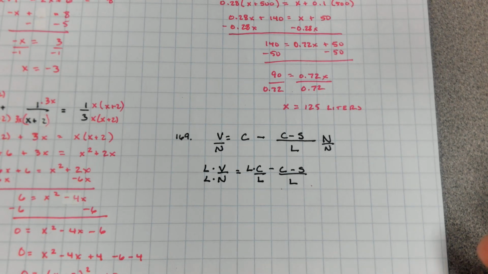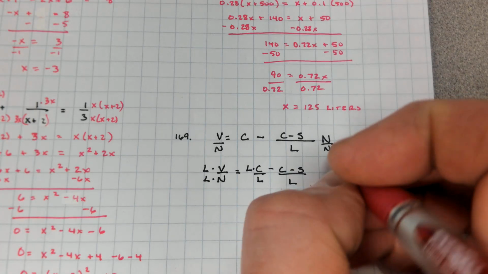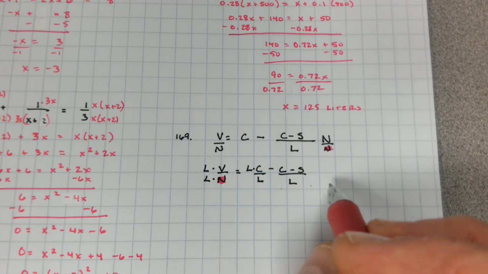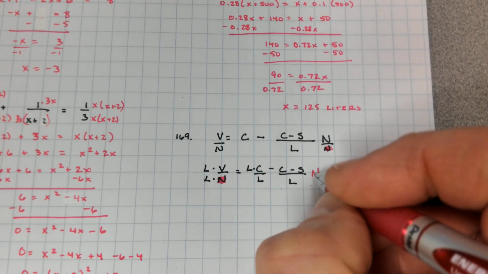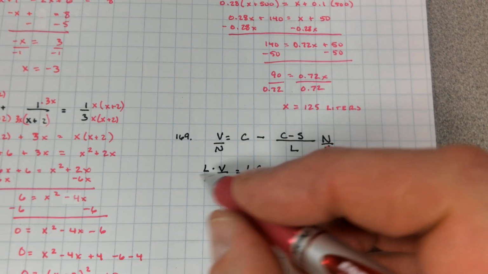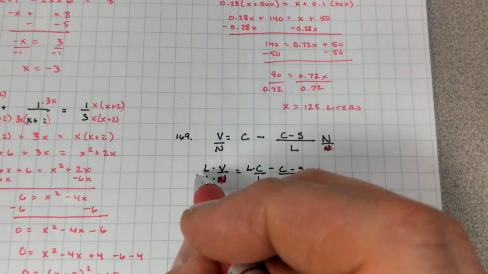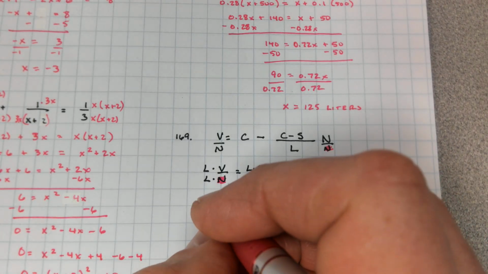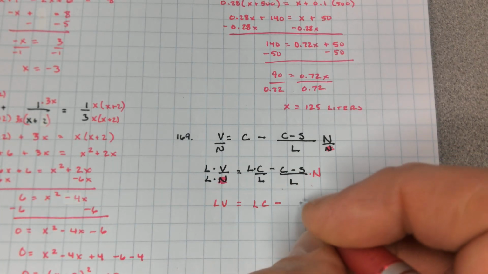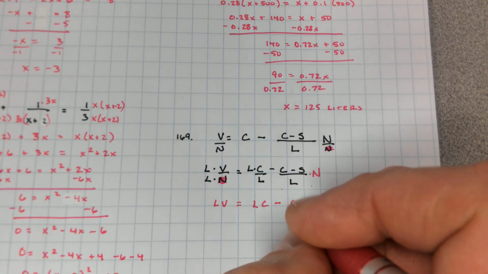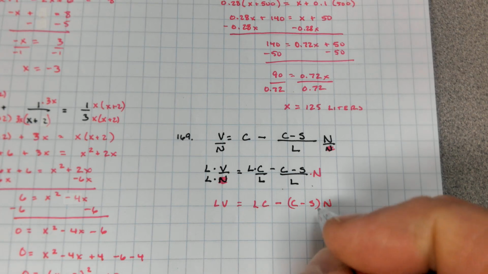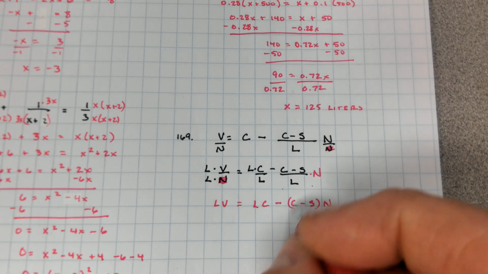I think I don't like what I just did there. So I'm not going to divide by the N. I'm just going to multiply everything by L to get a common denominator. Because this is times N, right? So really it's this whole thing, the numerator times N. Especially if I get rid of the L's by multiplying everything by L. So I'm going to get LV equals LC minus this will be C minus S times N. And then I can kind of distribute that in.